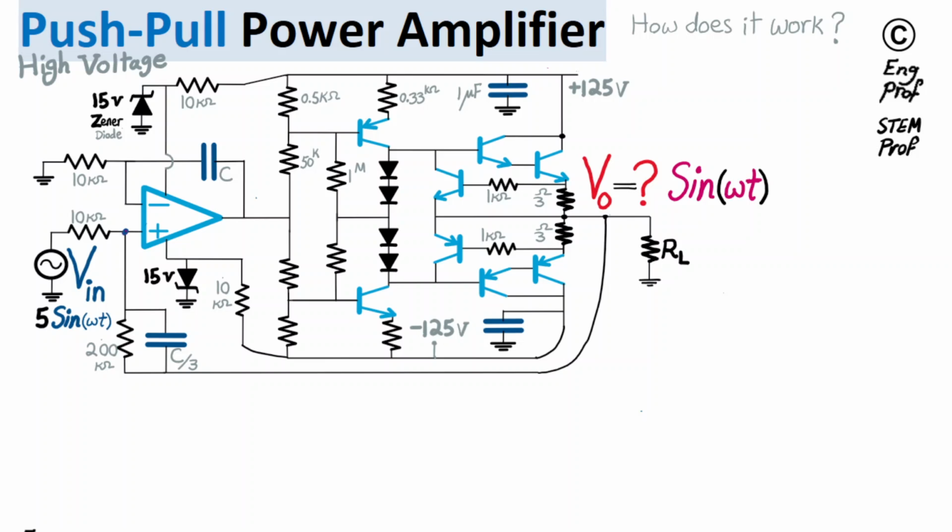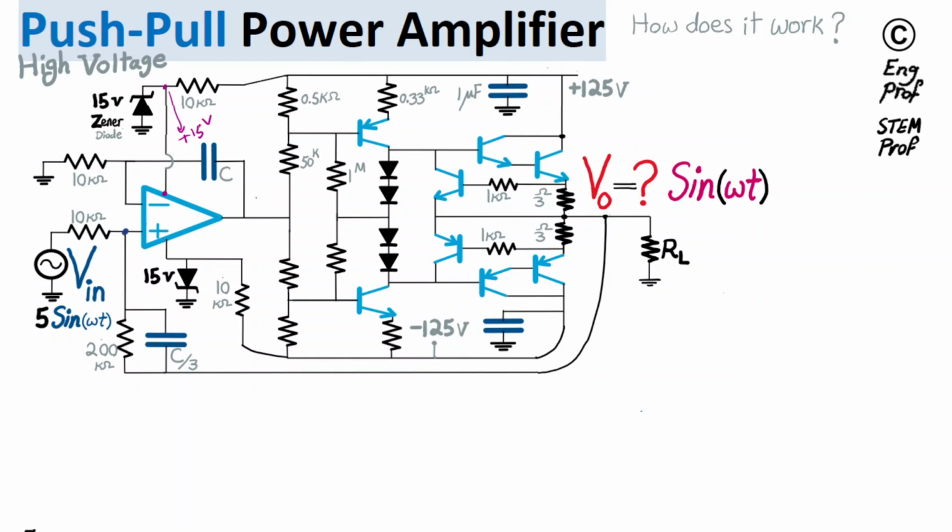Okay, so let's start by noticing the supply voltages for the op-amp. The positive supply voltage of the op-amp at this node is connected to a Zener diode. It's a 15 volt Zener diode that enforces that nothing more than 15 volts appears at the positive supply of the op-amp.